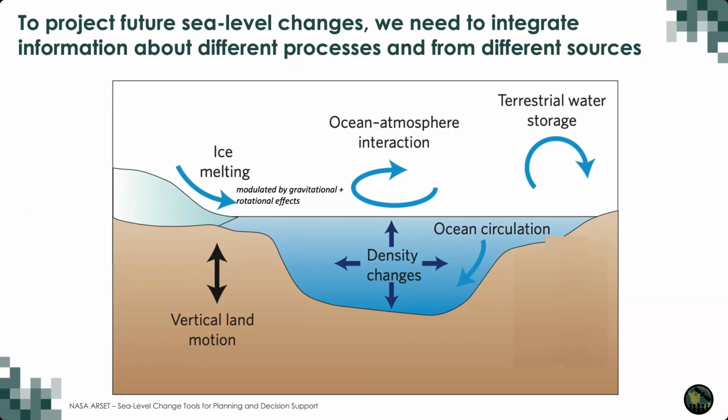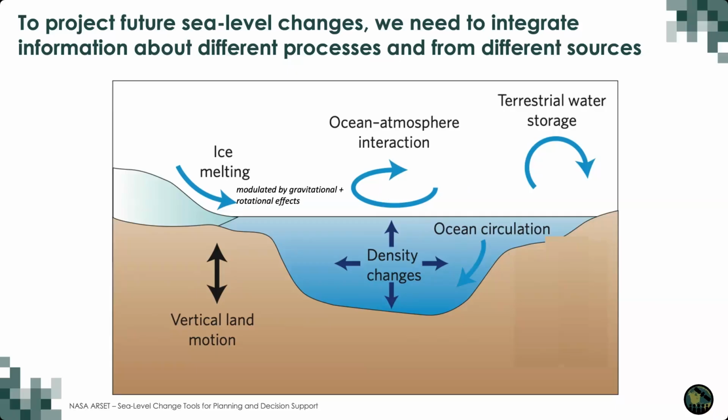But we also have to model movement of mass from the land into the ocean. So the largest contributor there is the melting of ice on land in mountain glaciers and the loss of ice from the polar ice sheets in Greenland and Antarctica.